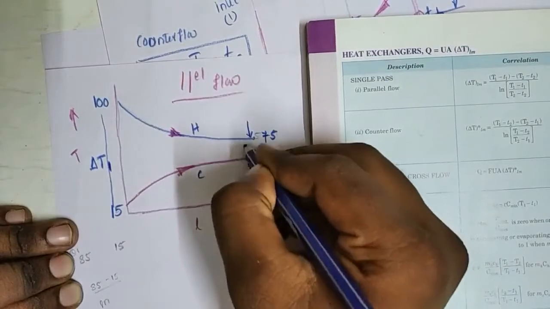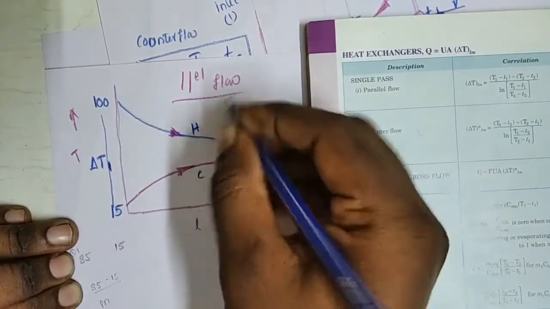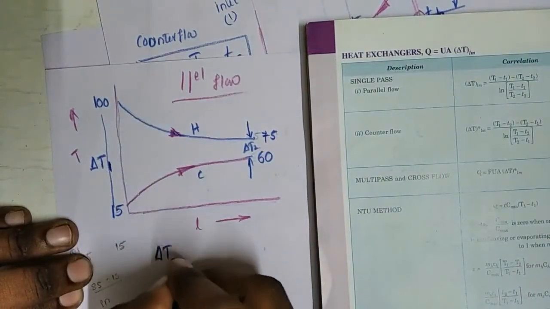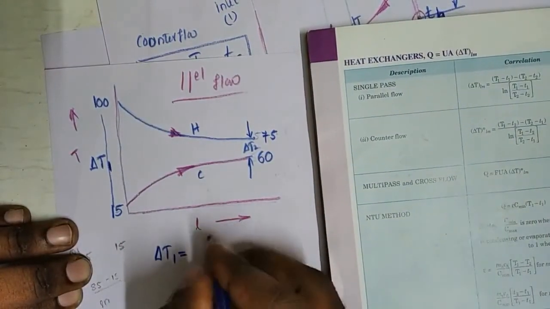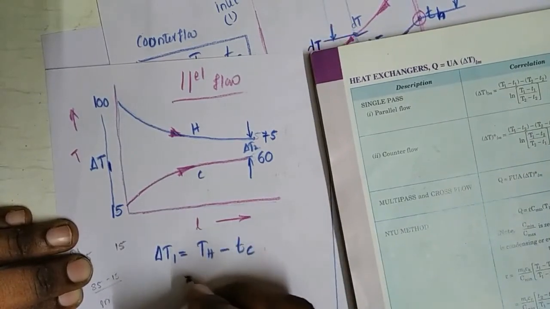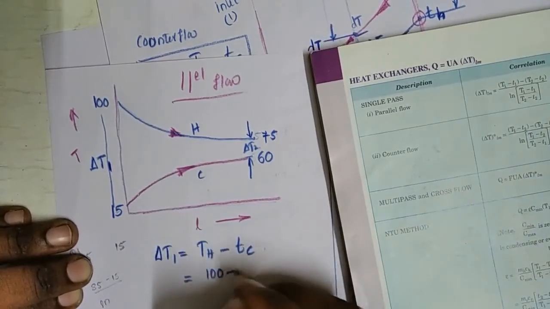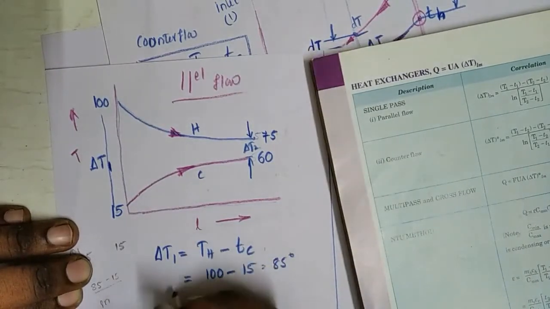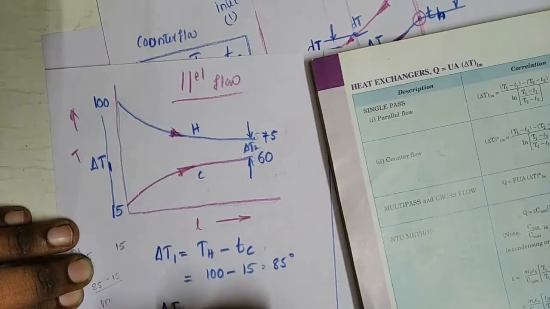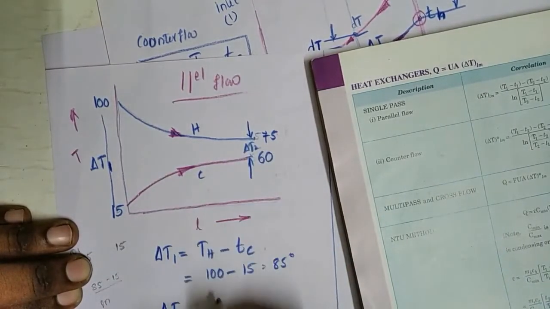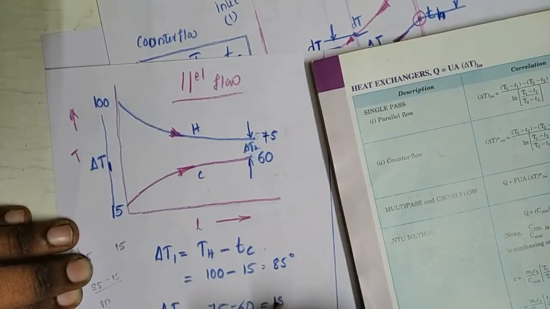Delta T1 means capital TH minus small tc, equal to 100 minus 15, equal to 85 degrees Celsius. Similarly, delta T2 at the outlet equals 75 minus 60, equal to 15.